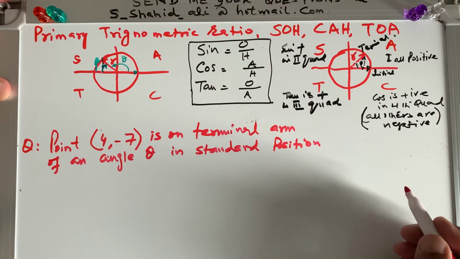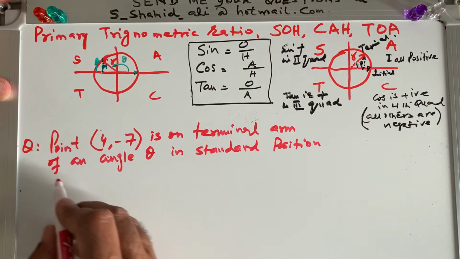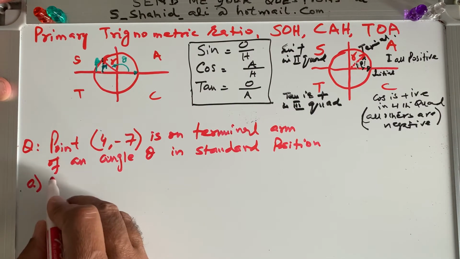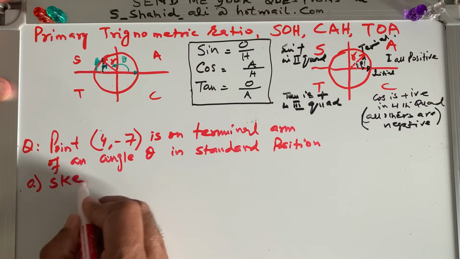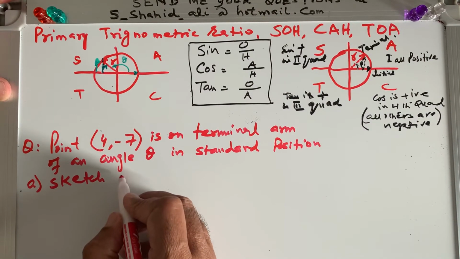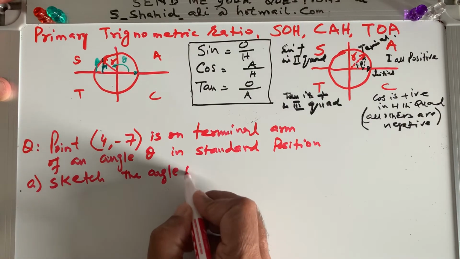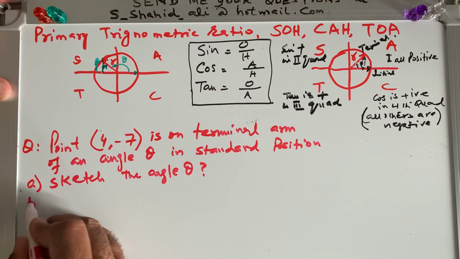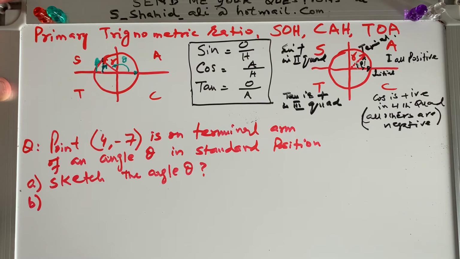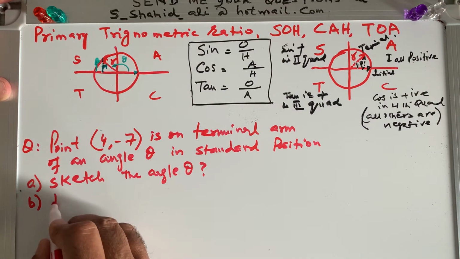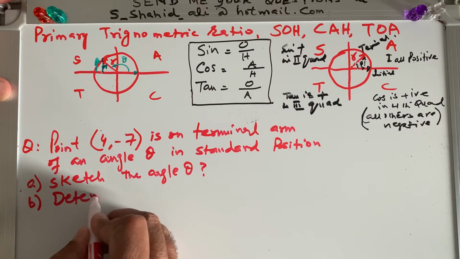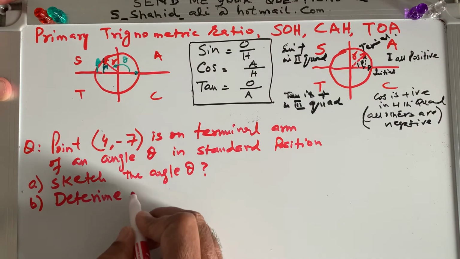Now we have to find the following. A, sketch the angle theta. B, determine the radius r.